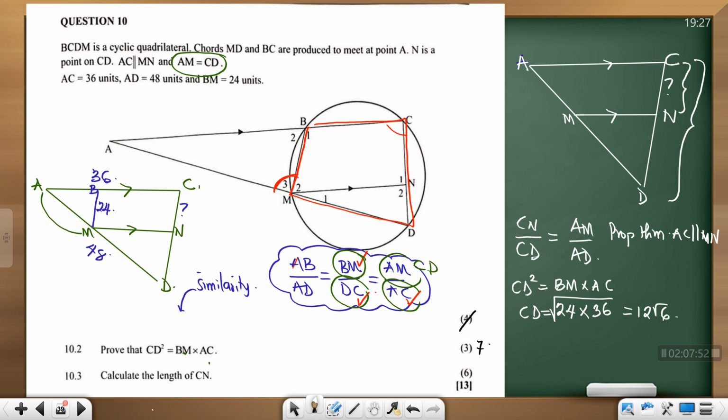Oh, so I have CD. Can I go back to my equation now? I don't know CN, right? Do I know CD? Do I know AM? But AM is the same as CD, 12 root 6. What is AD? 48, we're given.